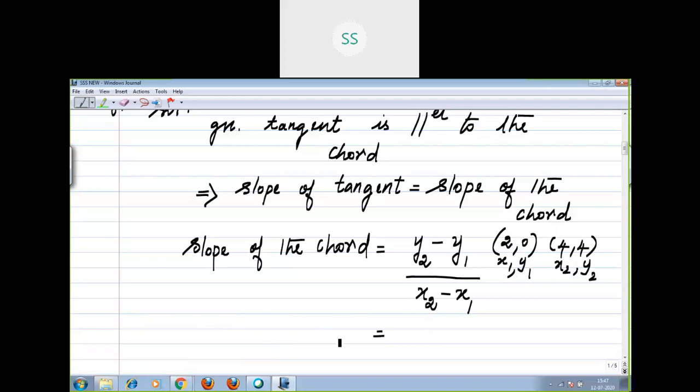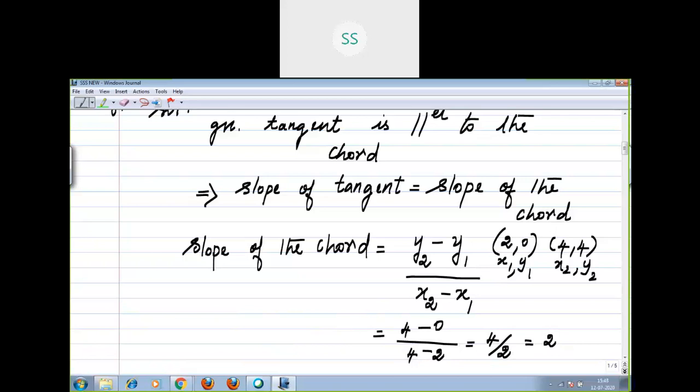Now, 4 minus 0 divided by 4 minus 2, which is equal to 4 divided by 2, which is equal to 2. So the slope of the chord is equal to 2.